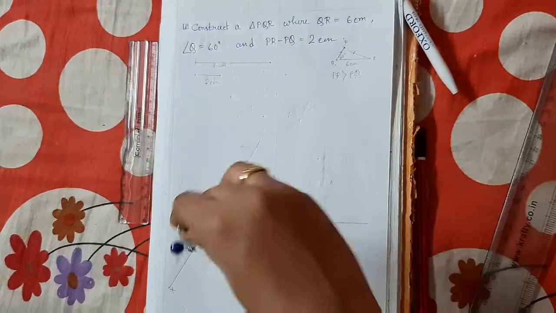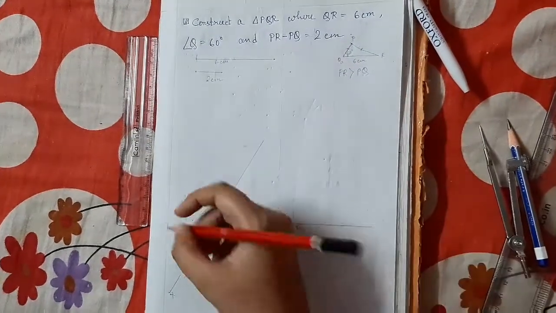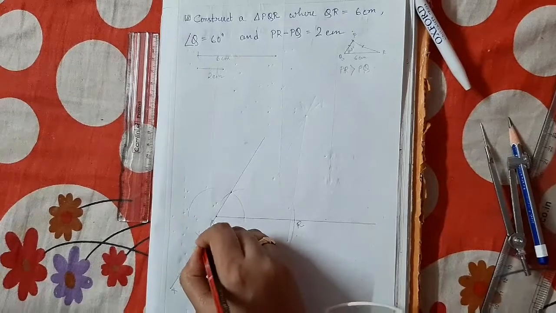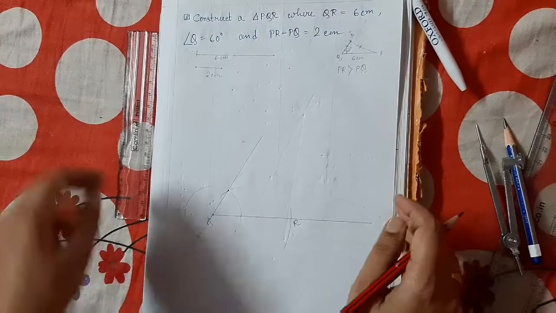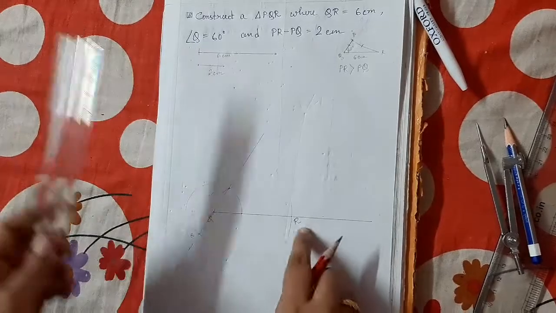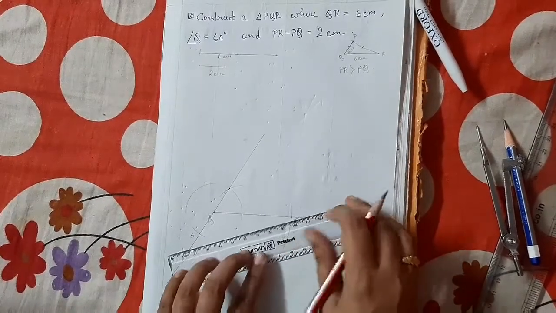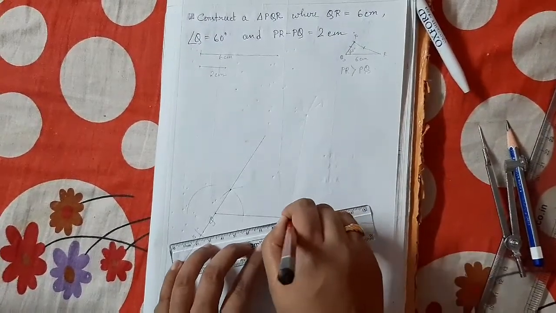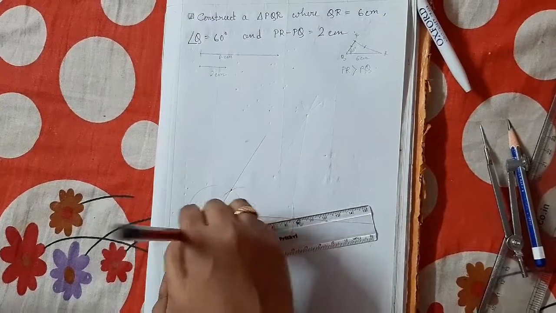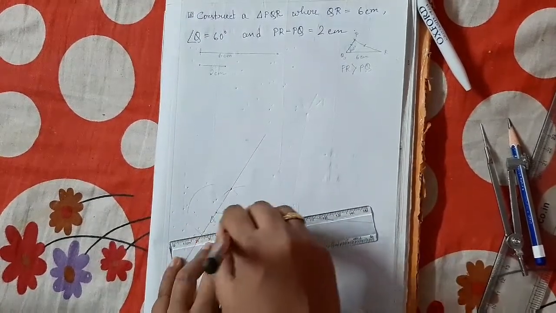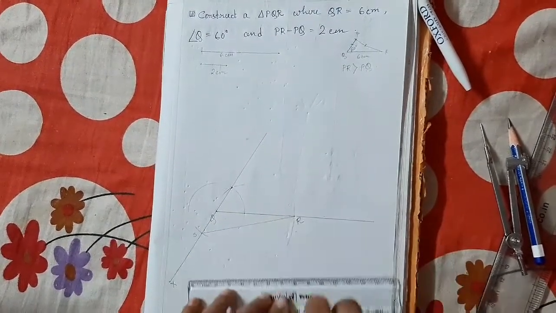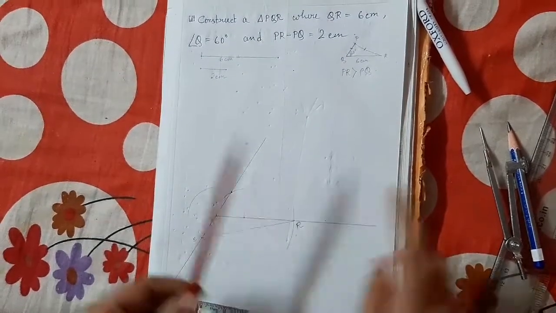This is 2 centimeter. Mark this point as S. Now join this S with point R. So I got the line segment SR.